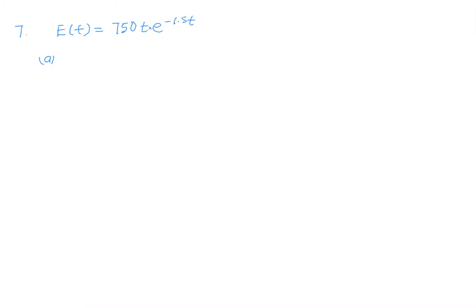So I will let my U be t, my V be e to the power 1.5t. So U prime is 1. V prime, copy down the whole thing, times by the derivative of the power.